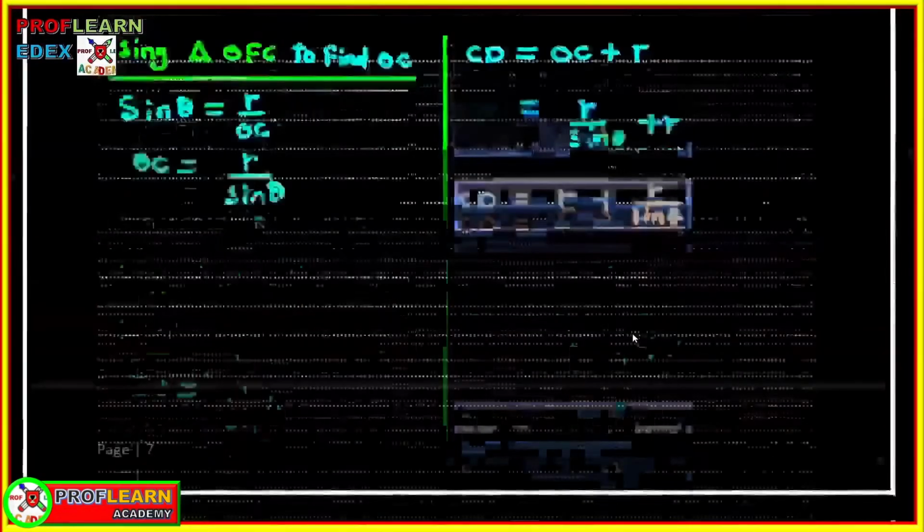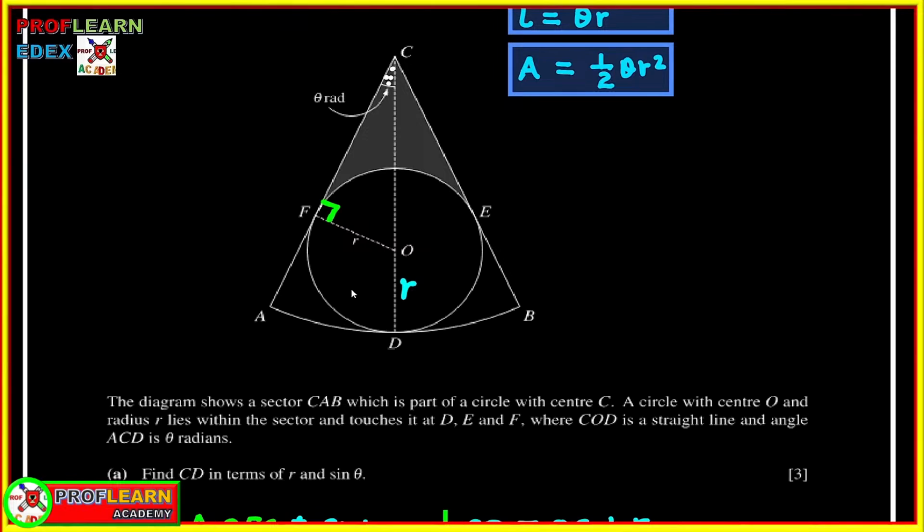Next part, we are supposed to find the area of the shaded part. In order to find the area of the shaded part, I'm going to consider the triangle OFC. I work out the area of that right angle triangle OFC, then I will subtract the area of the sector where we have the center O, right?